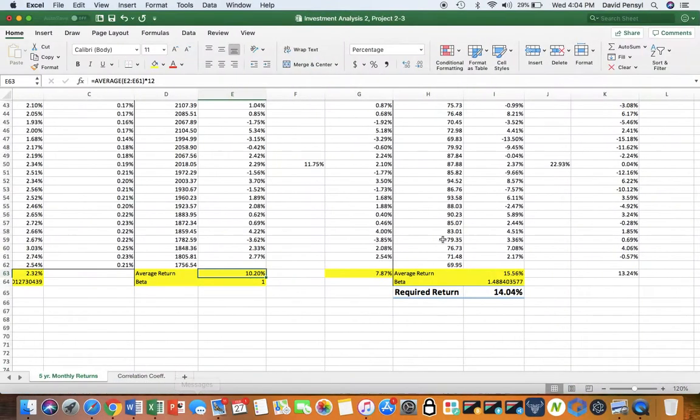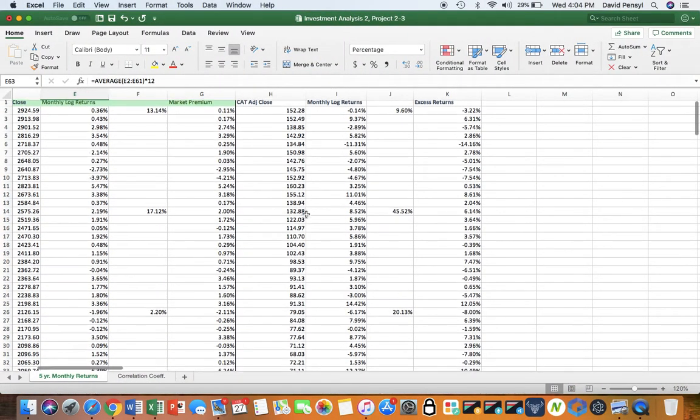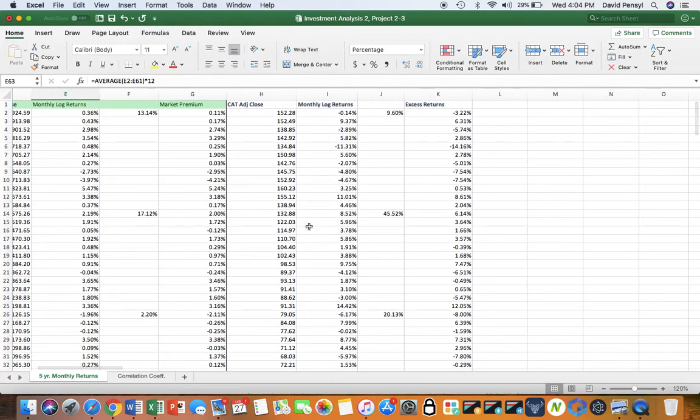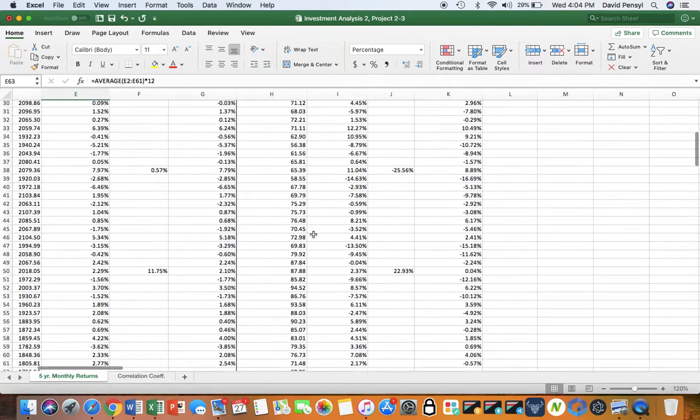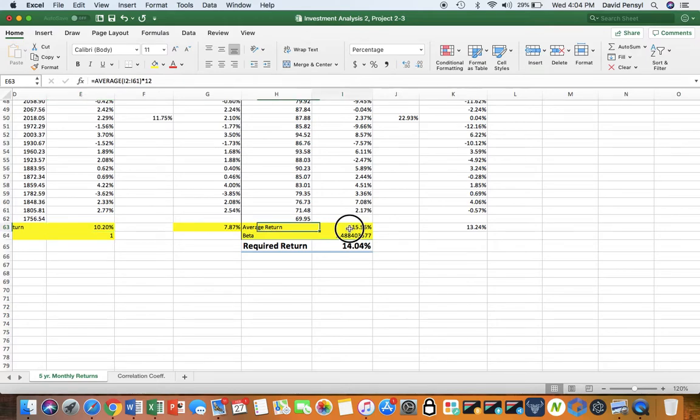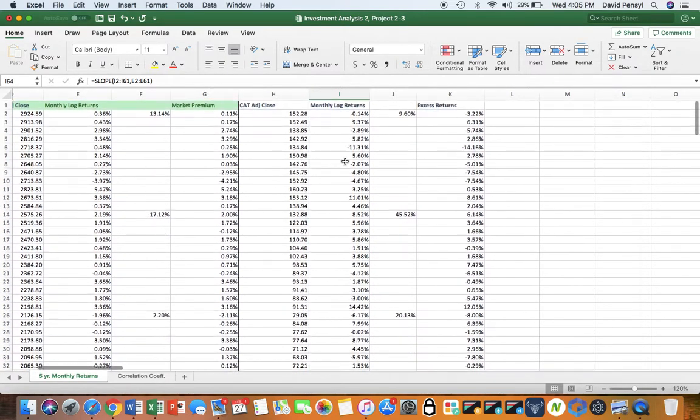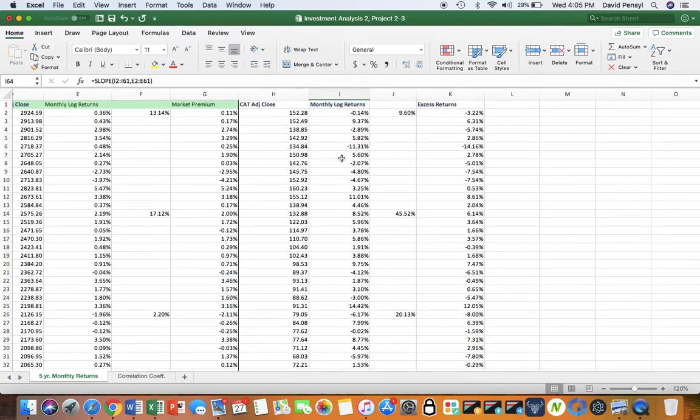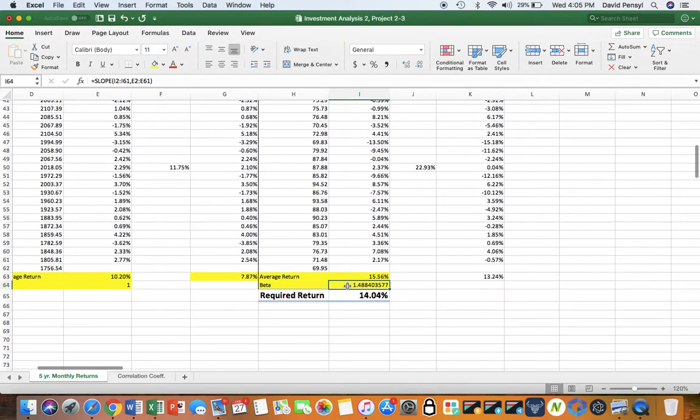So if we look at that, that's right here. You take the returns monthly and then annualize them. What you have is a return on an annual basis for Caterpillar of 15.56%, which is pretty good. And you don't need to know this, but the beta is basically the slope. You would take the monthly returns of the stock, put them up against the returns of the market, and you would get the beta.